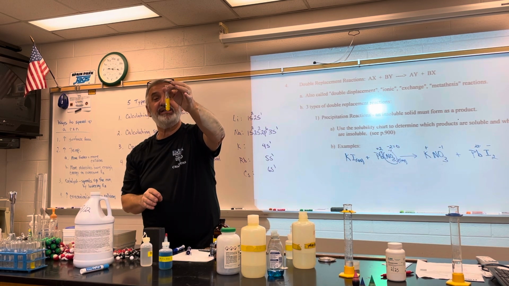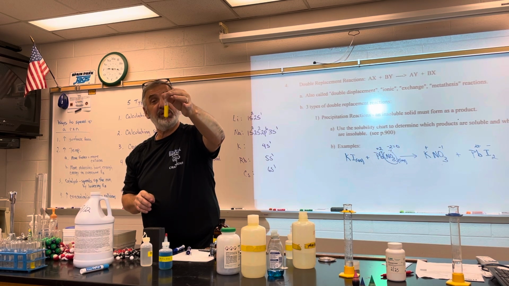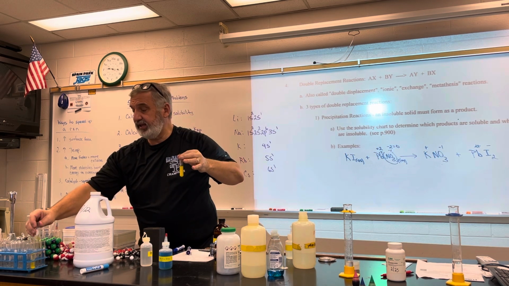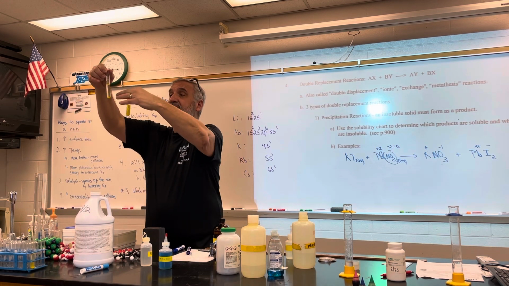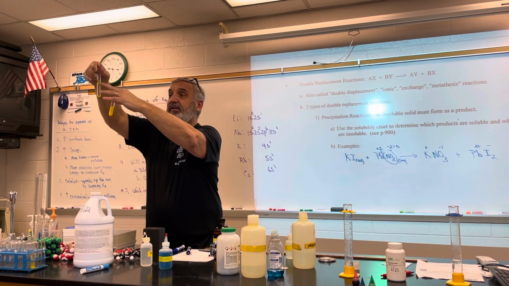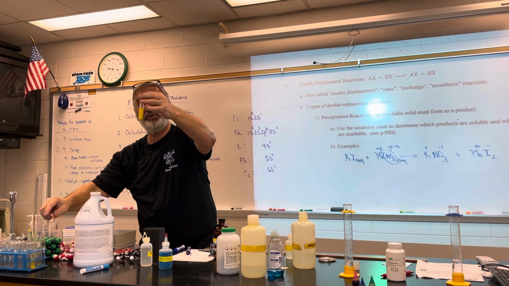And because it's going cloudy, what does that indicate? A precipitate is being formed. Okay, now I did this yesterday in another class. You can see that this precipitate will settle down to the bottom. Okay, we have the other solution sitting in here. So it's a yellow precipitate.